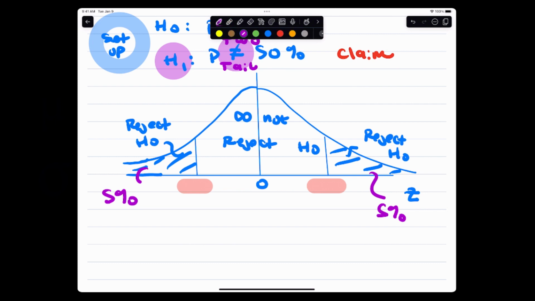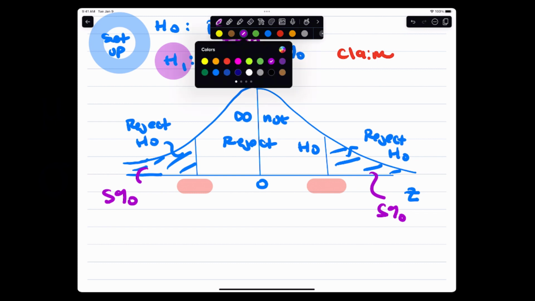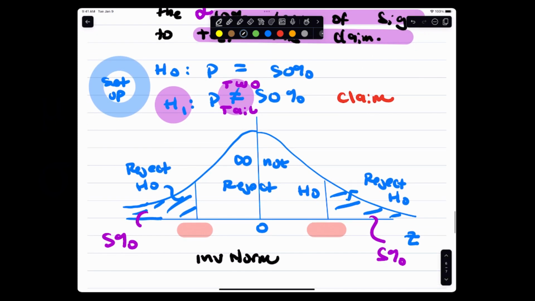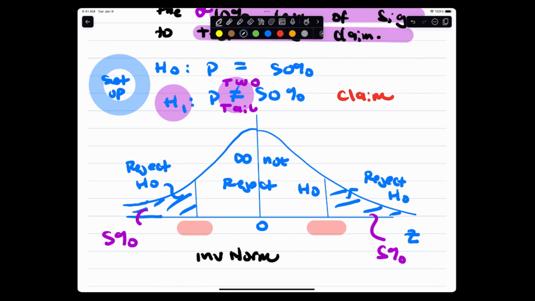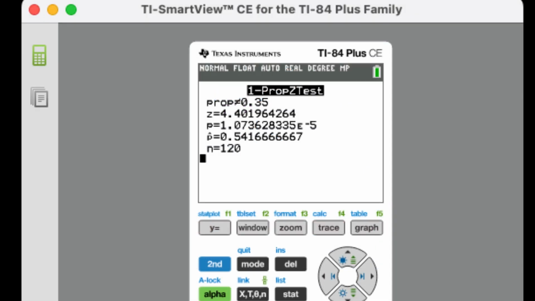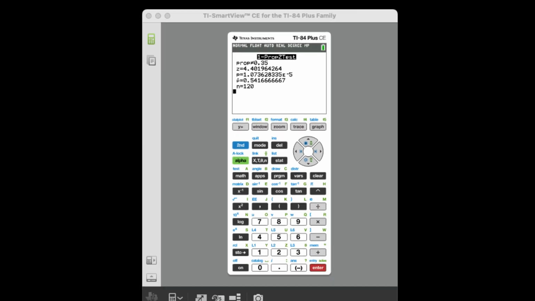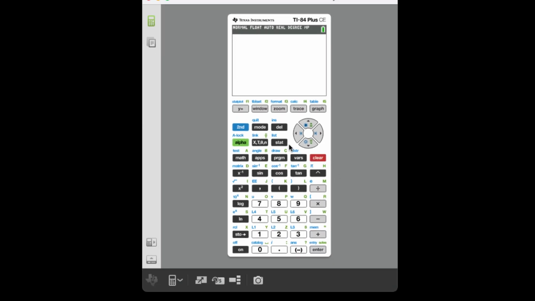But how do you get those critical values? Inverse norm. Second distribution, inverse norm is number 3. What area do I use now? How about if we use the other calculator now?